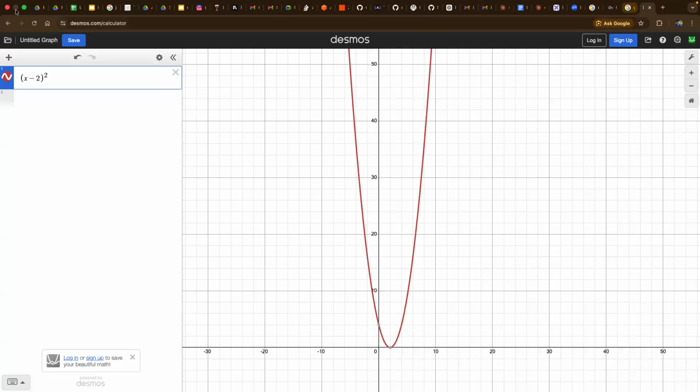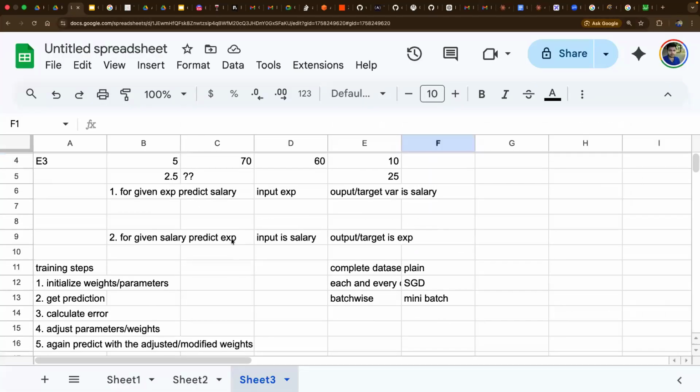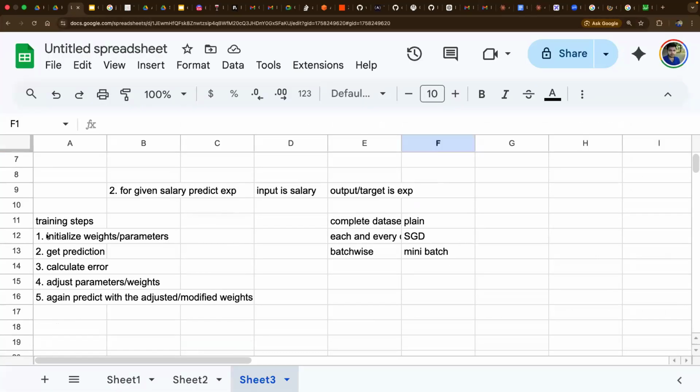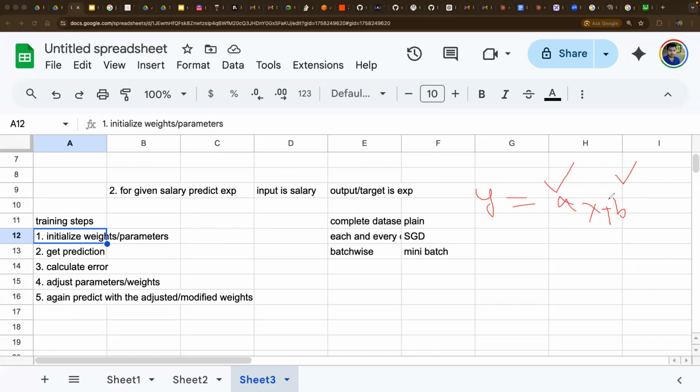So that is how we adjust the weights. Now everything is clear to you. We initialize the weights, that is for this particular use case, y equal to ax plus b. So here our ultimate goal is to get this a comma b. Those are the weights or the parameters. So we initialize with 0.1 and 0.2, let us say.